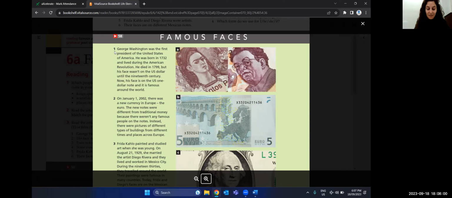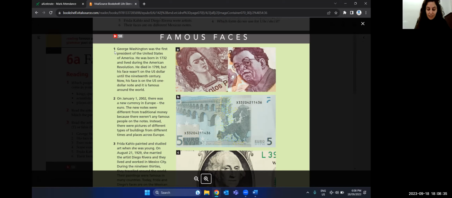He died in 1799, but his face wasn't on the US dollar until the 19th century. Now, his face is on the US $1 note, and it is famous around the world.